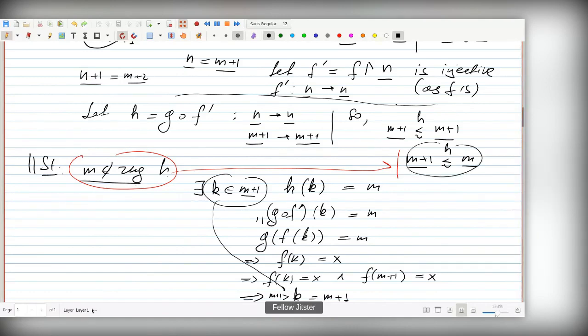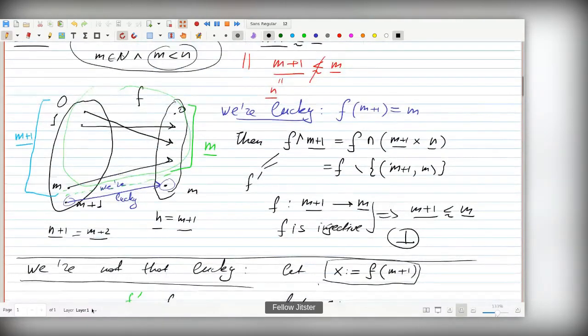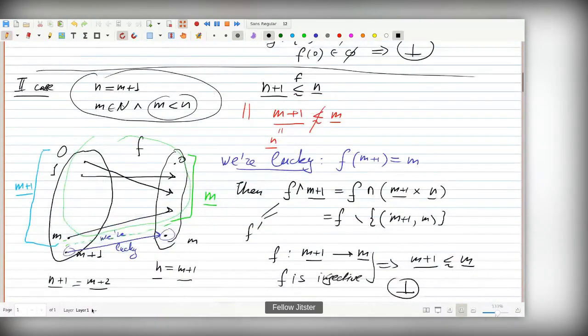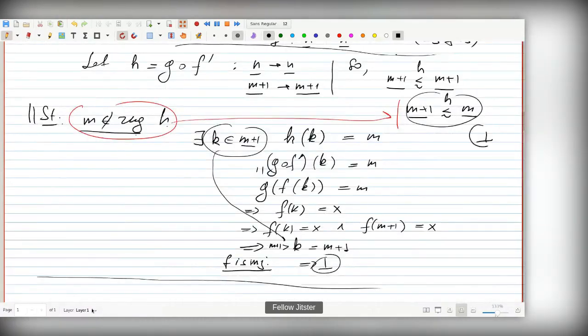So we have constructed a forbidden injection from m plus 1 into m. Such injection is not possible, so we have obtained a required contradiction.